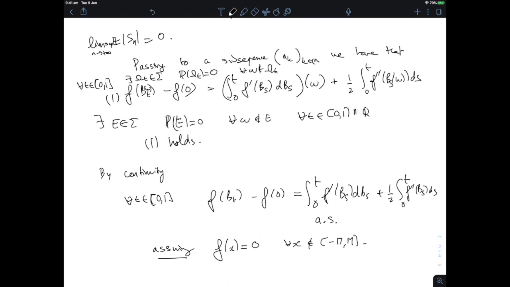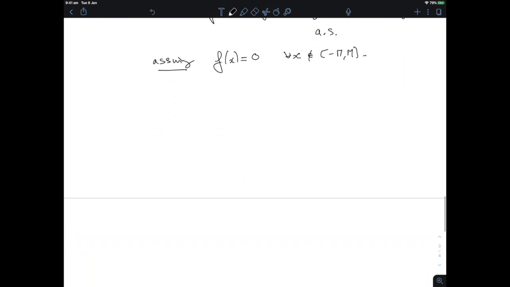So the last thing we need to do is to remove this compact support assumption. Let's do that now.